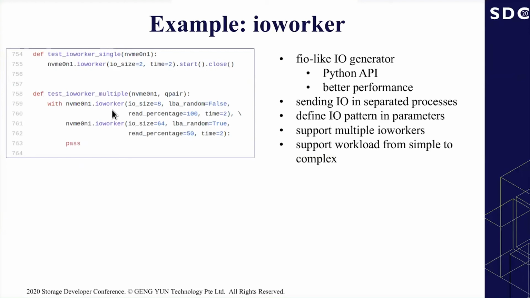A queue pair is created in this process and released before the ioworker finishes. We can start multiple ioworkers at the same time, only if the SSD under testing provides enough queue pairs. We can also use this with statement to write Pythonic code, which is intuitive and easier to understand.